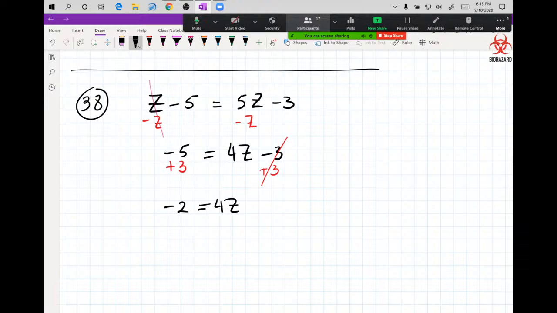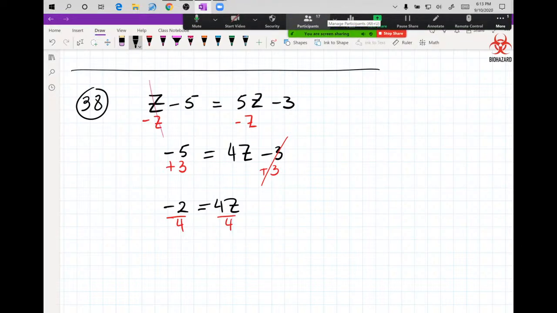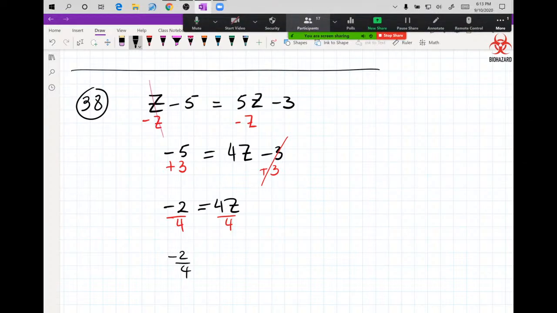And now what do I do to get z alone? Divide by 4. So we have -2/4 equal to z. Can I make this -2/4 better? Excellent. Divide both numbers by 2 and get -1/2.